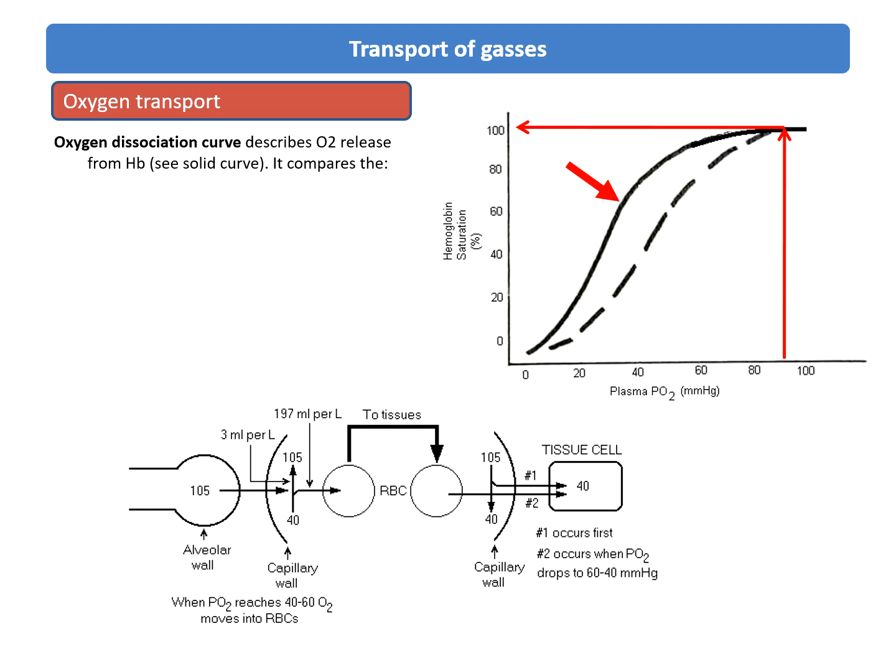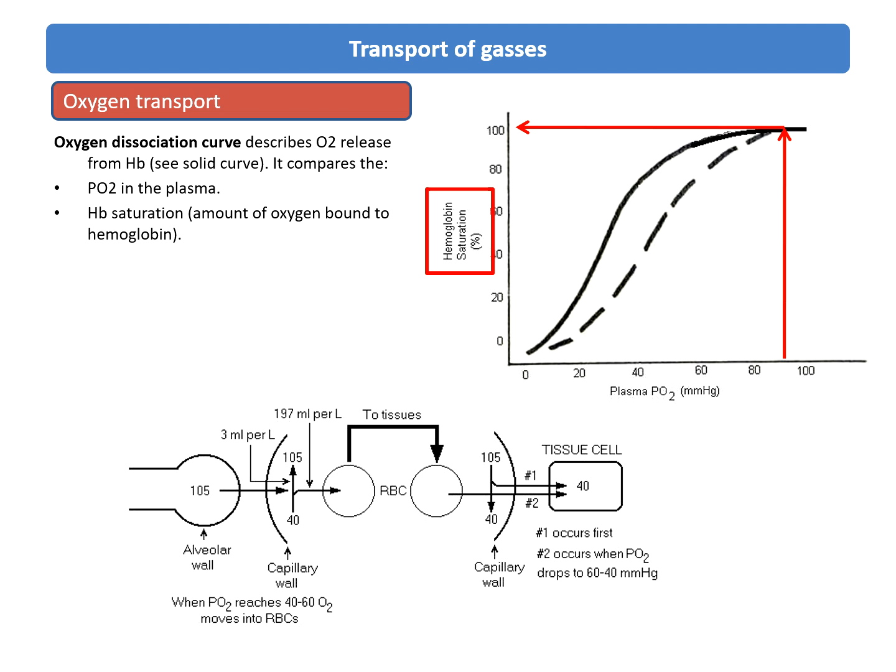The oxygen that's lost from the blood can be described in an oxygen dissociation curve. It describes the oxygen released from the hemoglobin. Notice the solid line. It compares the PO2 in the plasma with the hemoglobin saturation. That's the amount of hemoglobin-bound oxygen.